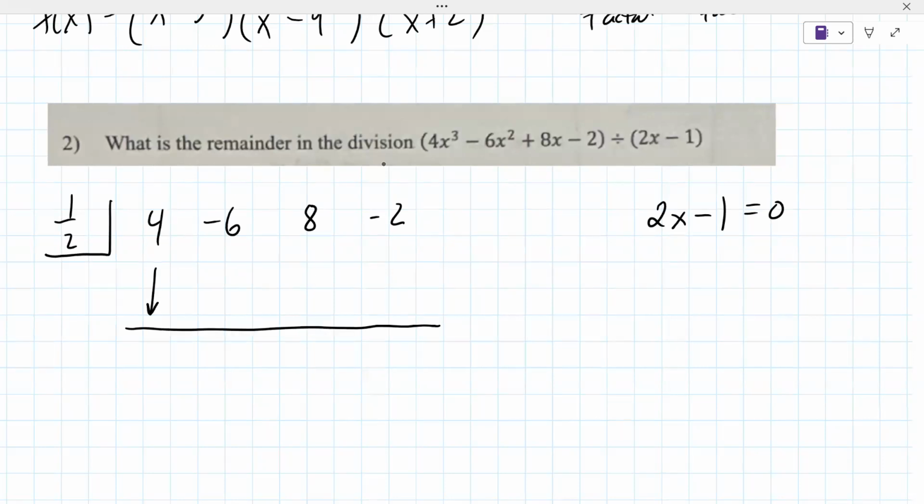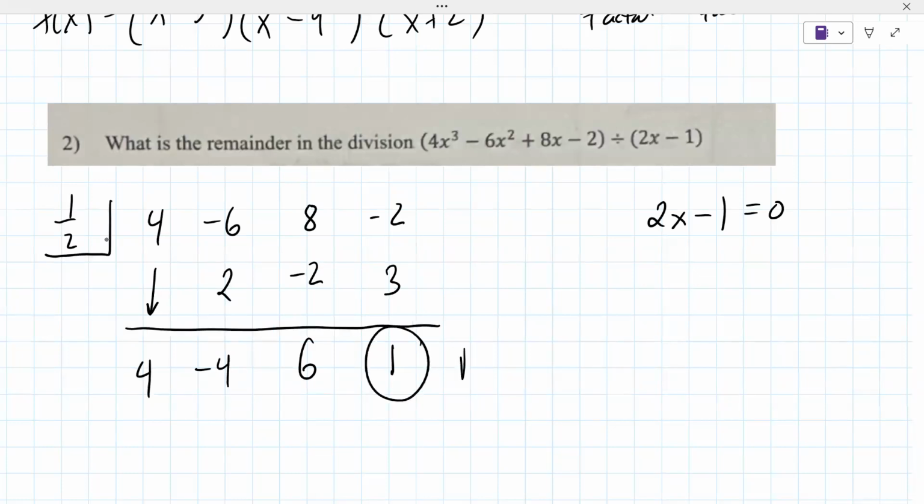All right, so we're going to bring the 4 down. 4 times 1/2 is 2. -4 times 1/2 is -2. You add, you get 6. 6 times 1/2 is 3.